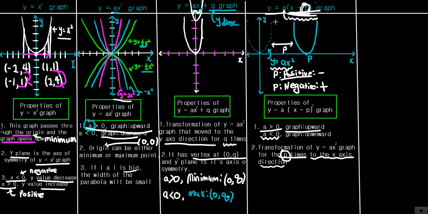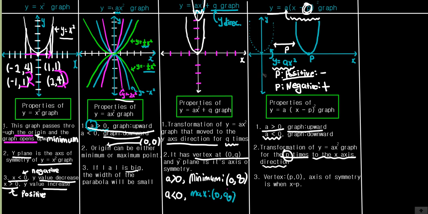The third property of y is equal to a times x minus p squared graph is that the vertex of the parabola is p comma 0, and the axis of symmetry is x is equal to p.